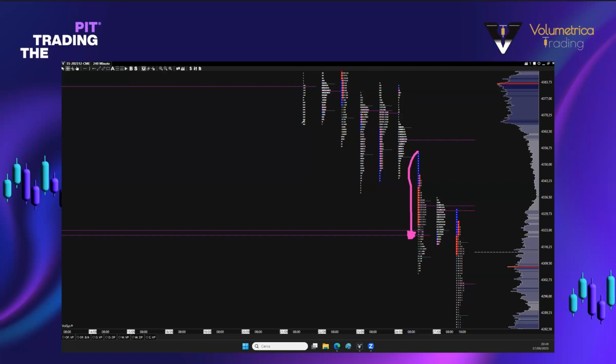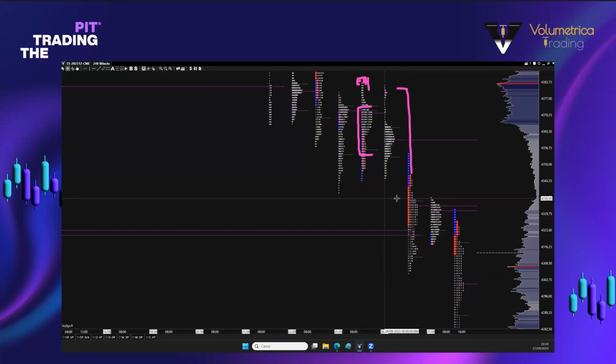let's just look at the previous day compared to this one. ETH, that's the value, okay? In the RTH, we had, let me just zoom out a little bit.